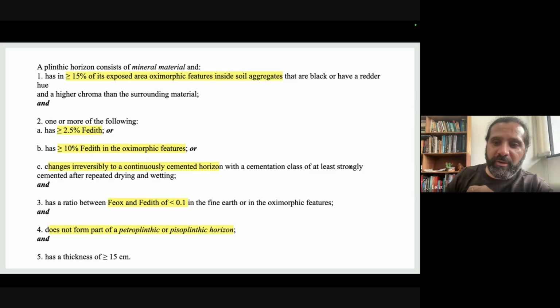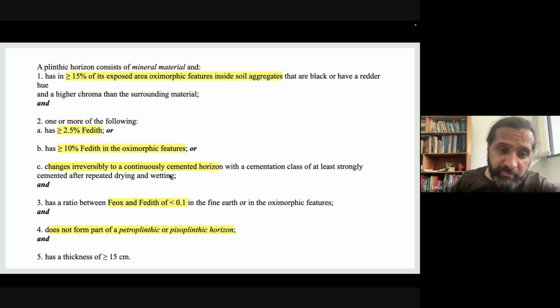Some of these oxymorphic features change irreversibly to a continuous cemented horizon with a cementation class of at least strongly cemented after repeated drying and wetting. So I can take a piece of this horizon and get it wet and dry in the lab. Okay, so I can wet that horizon and then dry. Wet, dry, wet, dry. After these repeated drying and wetting cycles, I can realize that now the horizon starts to be cemented by the iron.